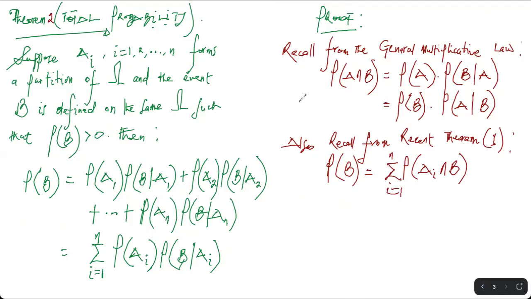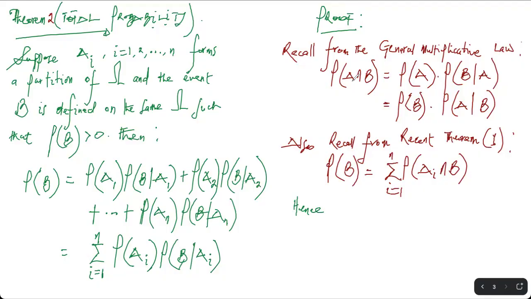Good. So in order to establish this total probability law, or this total probability rule, we just simply need to combine these two theorems. It just follows trivially. Hence, what needs to happen?